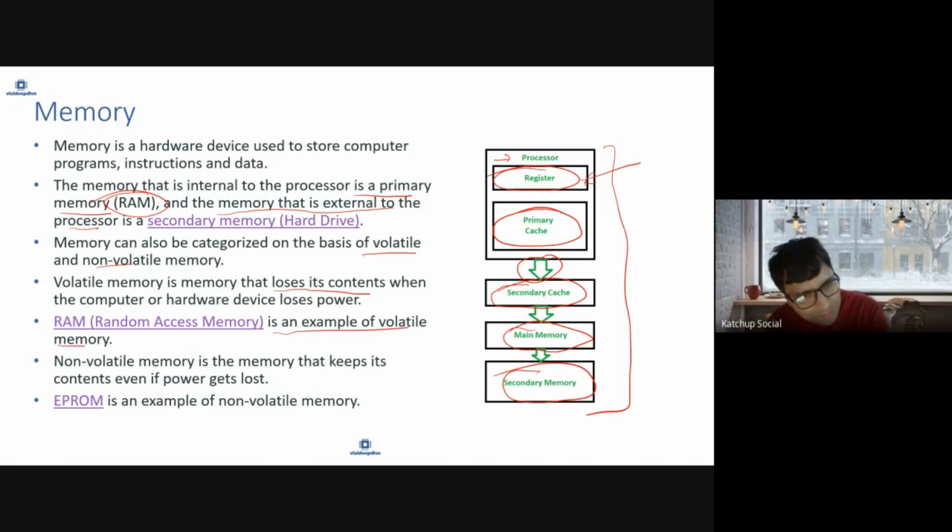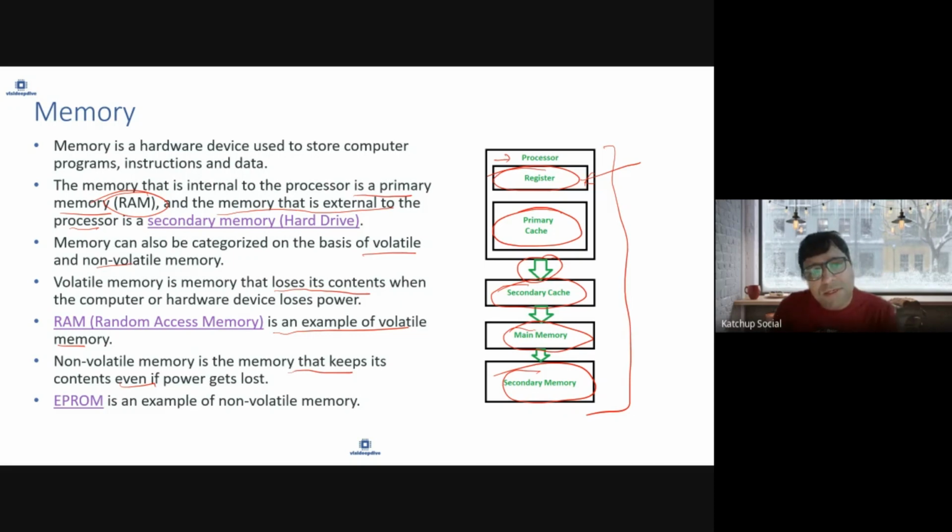It's closest to the CPU after registers and primary cache, but once the power is gone, that data is lost. Non-volatile memory keeps its content even if power gets lost. Your hard disk can be such memory. Your EPROM is also an example of non-volatile memory. So these are memories that keep their content even if the power gets lost.